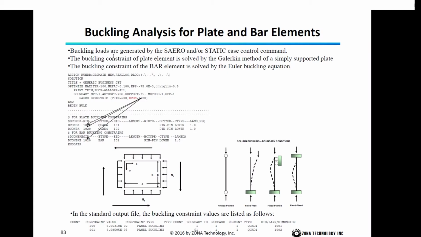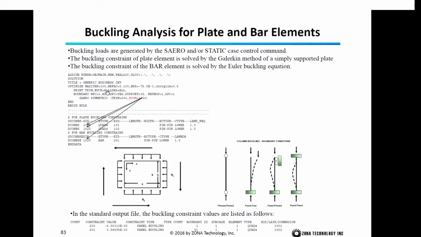The buckling loads are generated by the SRO or static case control command, and the buckling constraint of the plate element is solved by the Galerkin method for a simply supported plate. The buckling constraint of the bar element is solved by the Euler buckling equation.